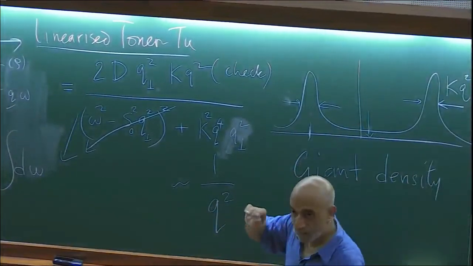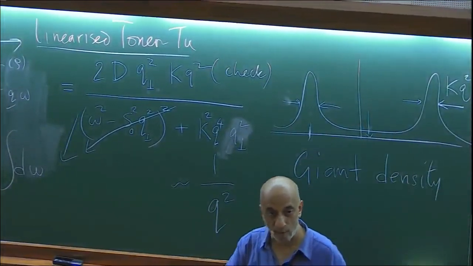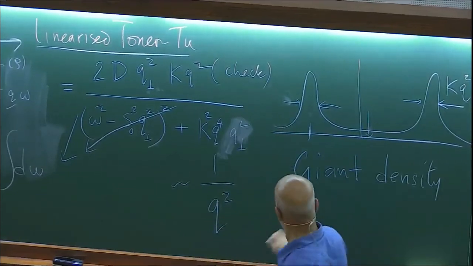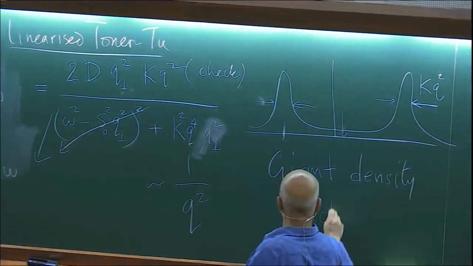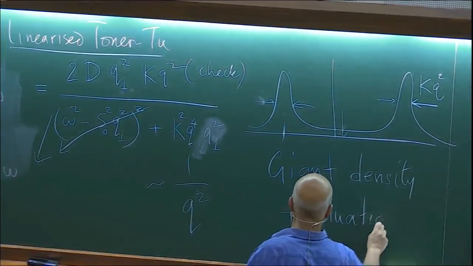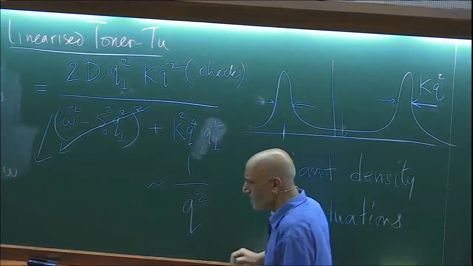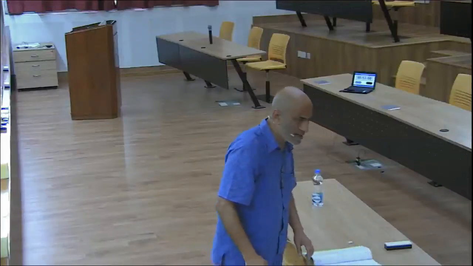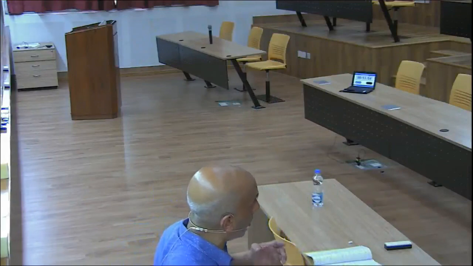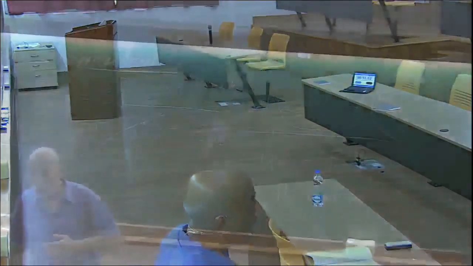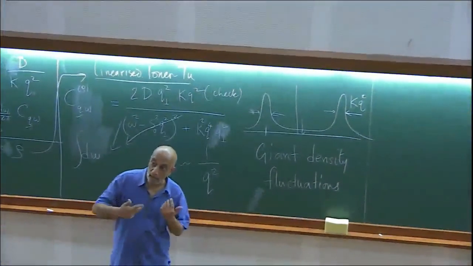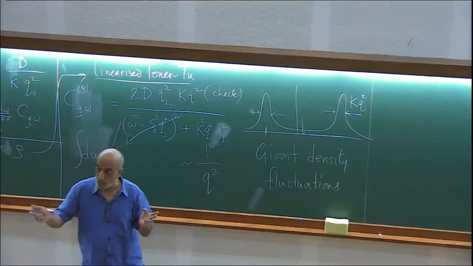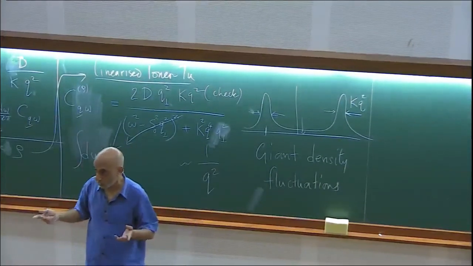So you now have the first non-trivial fluctuation fact about an active system. That is, the density in general is prone to very, very big fluctuations. Okay? So what's going on here? Basically what's going on is that it's a kind of merger of a general fact about systems with spontaneously broken continuous symmetry and the consequences of that in active systems where the continuous symmetry is associated with the direction of motion.